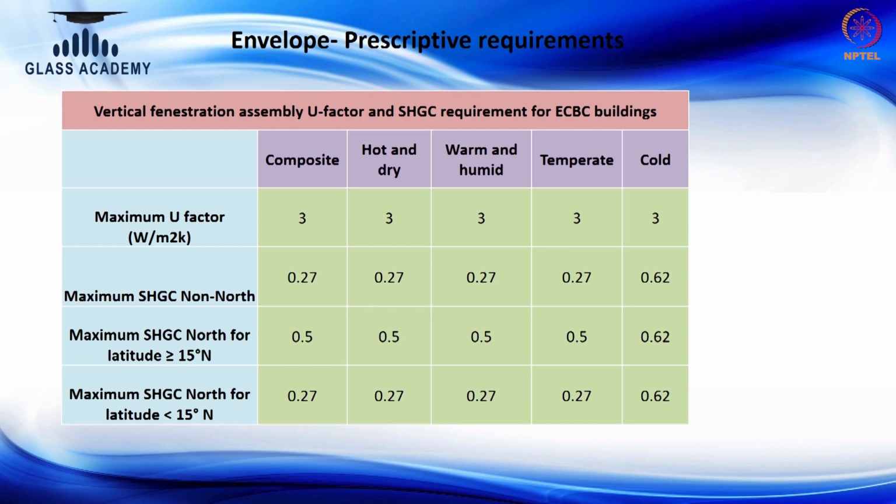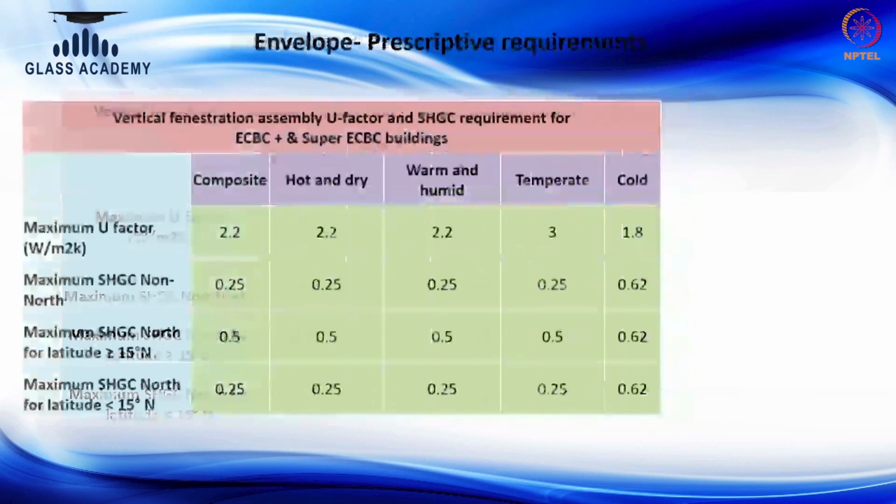Lower the solar factor, the better the building. Similarly, based on your orientation, you can understand what kind of compromise you can make on your solar factor, which is detailed in your energy conservation code, and it has 5 different climatic conditions. So sometimes, based on the climatic condition, you can compromise the solar factor values.